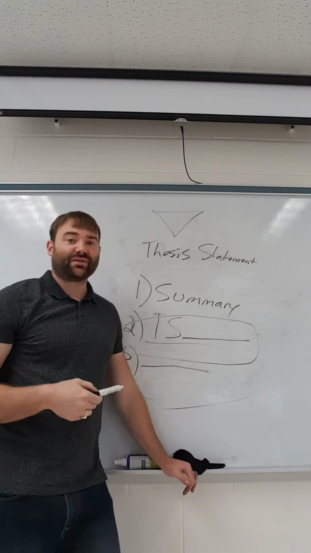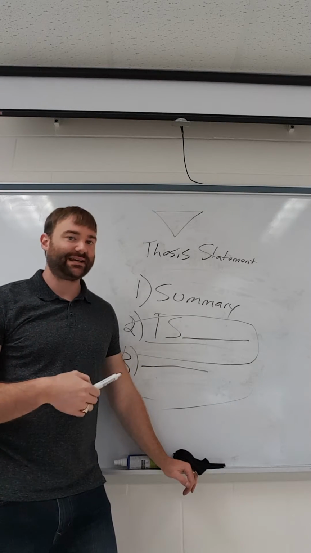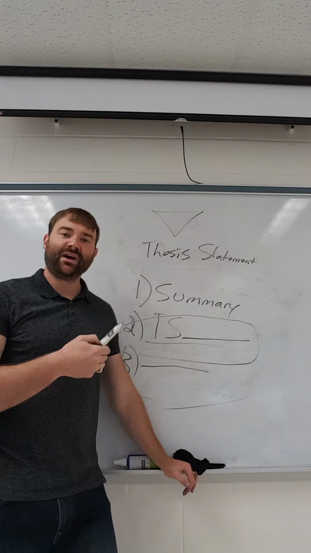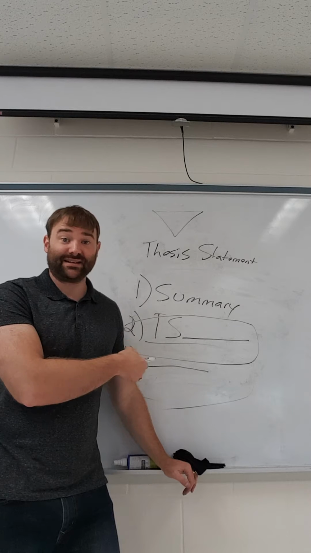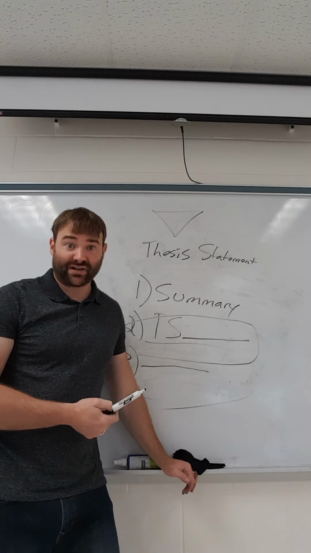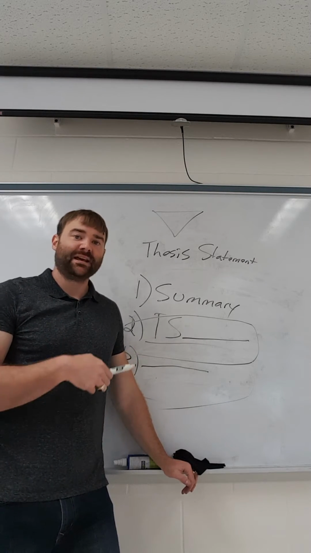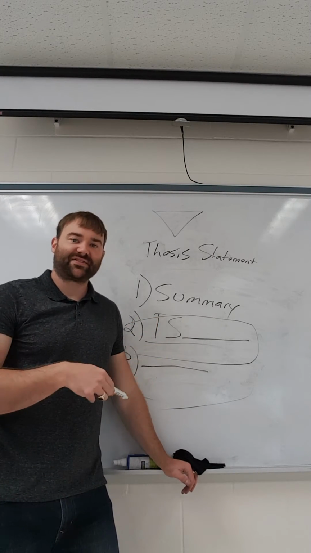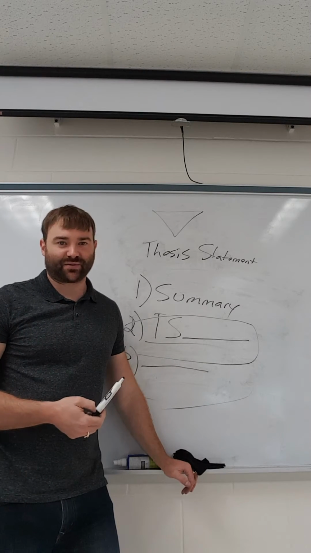But you're also saying, this is a point that the author brought up. This is why it made sense to me. This is why it didn't make sense to me. This is a point maybe that would make a lot of sense to the author's intended audience, and this is why it would make sense to that audience, or this is why it would not make sense to that audience. So you're going to have multiple paragraphs that talk about points that the author brought up and what you think about those points.